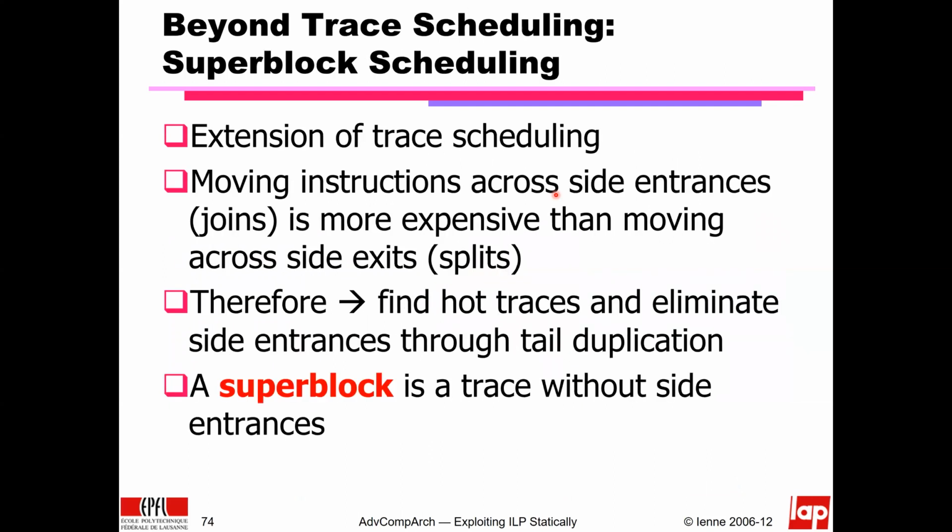One of the notions that became important at some point, because it has some theoretical advantages in doing this, is the notion of superblock, which is a specific type of trace, a sequence of basic blocks that doesn't have a side entrance, but has only side exits.